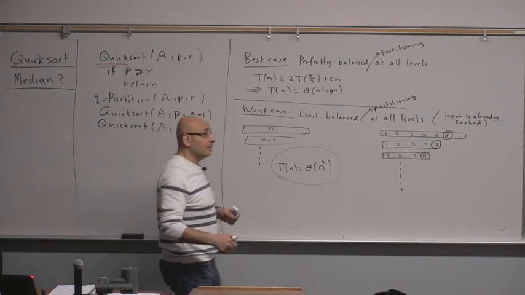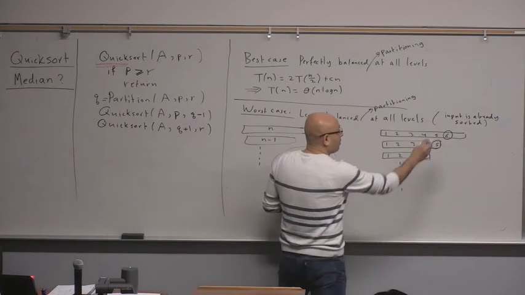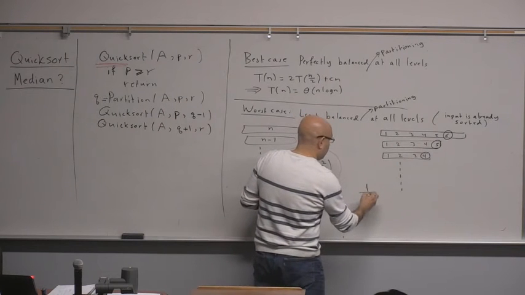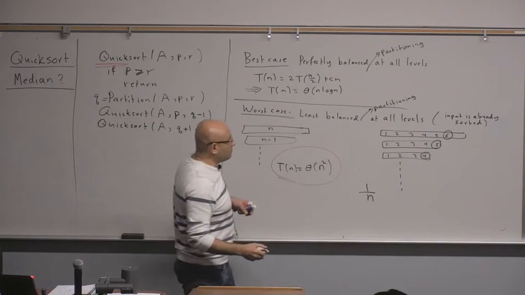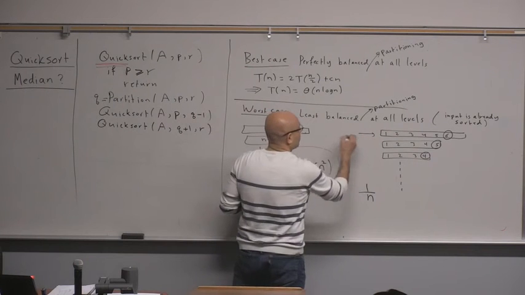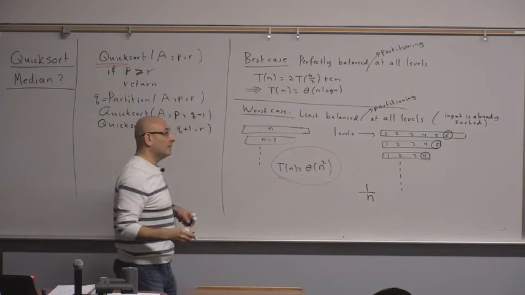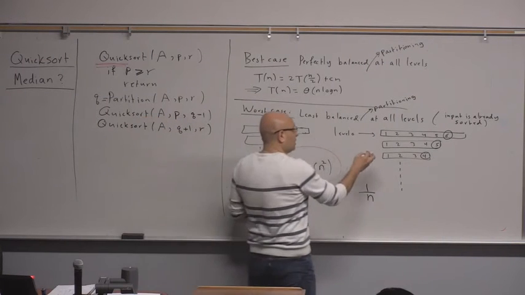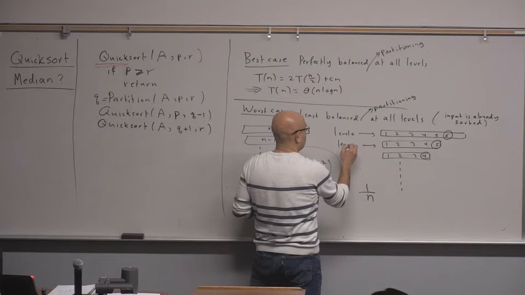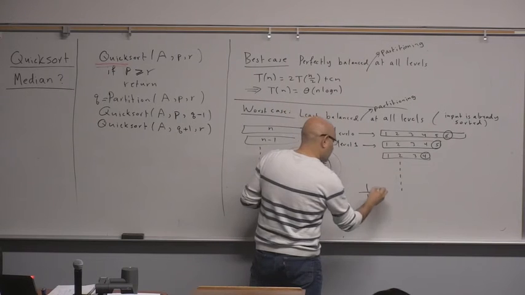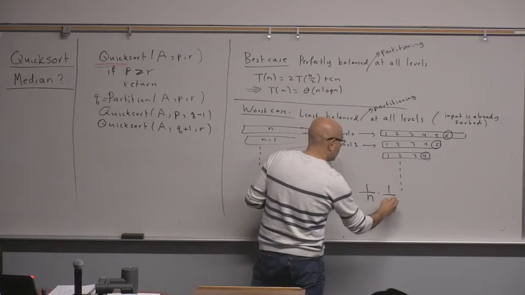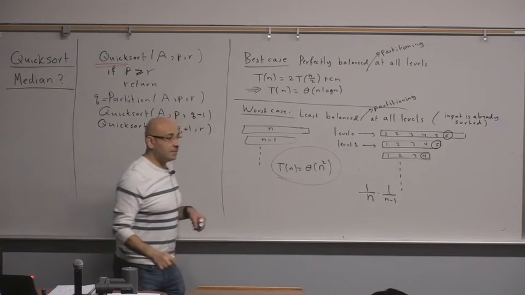Yes? 1 over n? Well, 1 over n is the probability of getting this bad partitioning at level 0. Wouldn't it be 1 over n times 1 over n or something like that? Well, this is 1 over n, but at level 1, it's 1 over n minus 1. Yeah, and these are independent events, so 1 over n factorial.